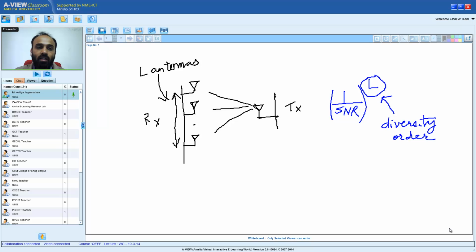And we said this diversity order, or this phenomenon that the bit error rate is decreasing as 1 over SNR to the power of L, arises because of the probability of deep fade. We said that because of L independent antennas, we have L independent fading paths.